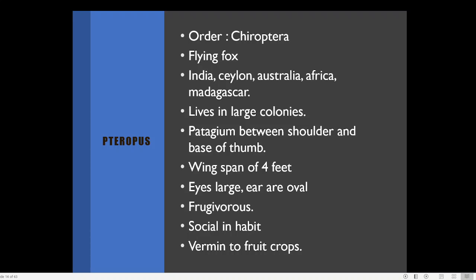These are the areas where we can find this Pteropus. It's a very widely distributed animal, and they live in colonies. I will show you the picture of this Pteropus.